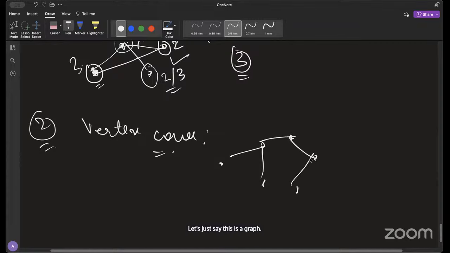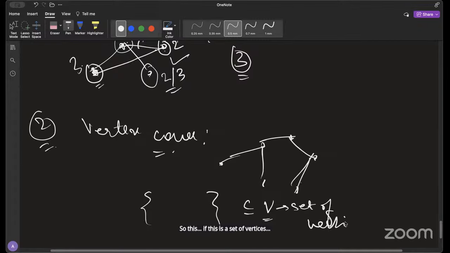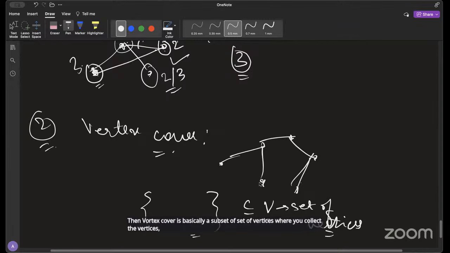In a vertex cover problem, what you want is from each edge, there should be a vertex. So a vertex cover is basically a subset of the set of vertices where you collect the vertices in such a manner that from each edge you have at least one vertex.